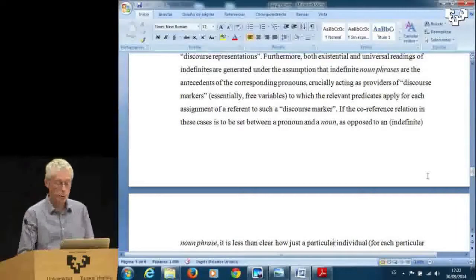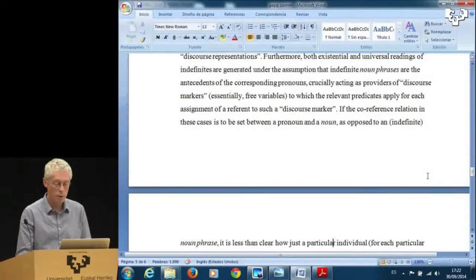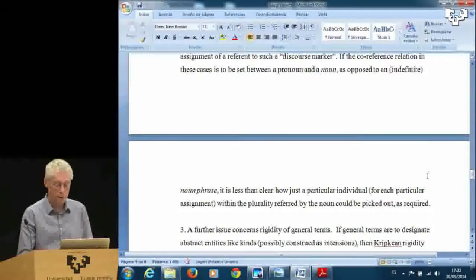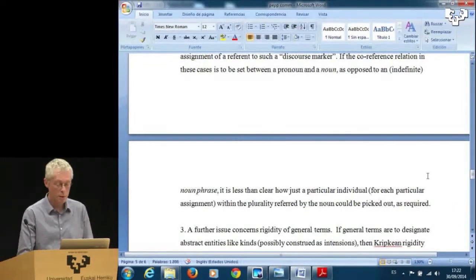If the coreference relation in these cases is to be set between a pronoun and a noun, as opposed to an indefinite noun phrase, it is less than clear how just a particular individual for each particular assignment within the plurality referred to by the noun could be picked out as required.